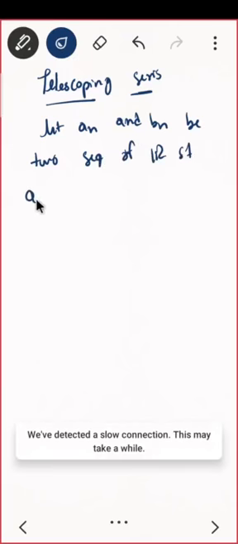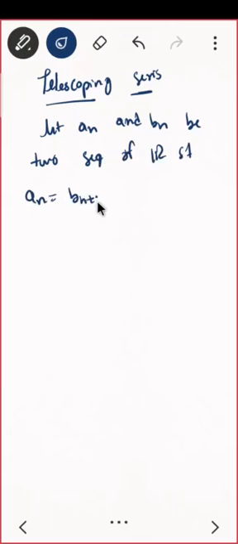Telescoping series. Okay, let me just define. Let En and Bn be two sequences of real numbers such that En equals Bn plus 1 minus Bn, correct, where n is greater than or equal to 1.